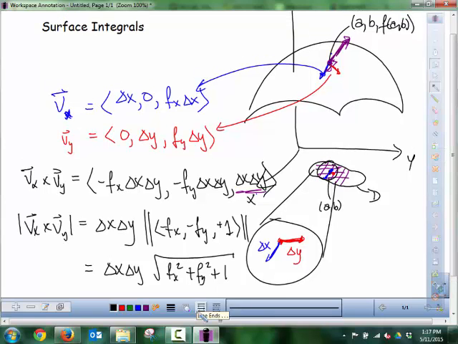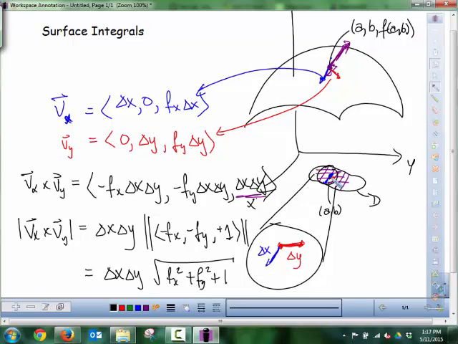So the gradient would be down here on the xy plane, but to make this vector over here, you need to throw in a negative 1. So if your fx and fy were your gradient, then a perpendicular vector would be throwing a negative 1 in for the z component.